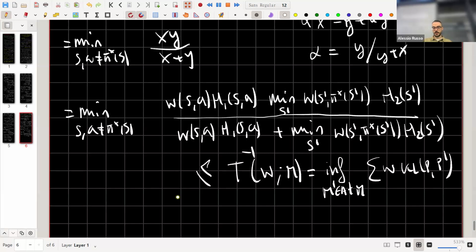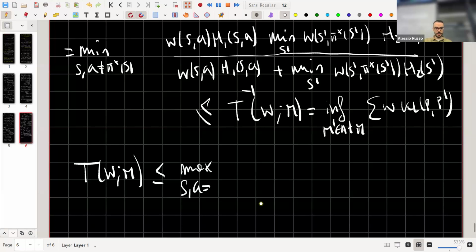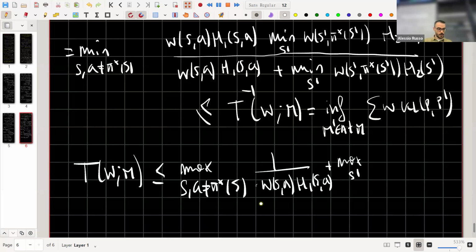This is the inverse, so a lower bound for the inverse of the characteristic time, which means that the characteristic time is upper bounded by the inverse of this quantity, which is simply max over s, a different from pi star of s of 1 divided by W_sa H1 of sa, plus max over s' of 1 over W_s' pi star of s' H2 of s'.